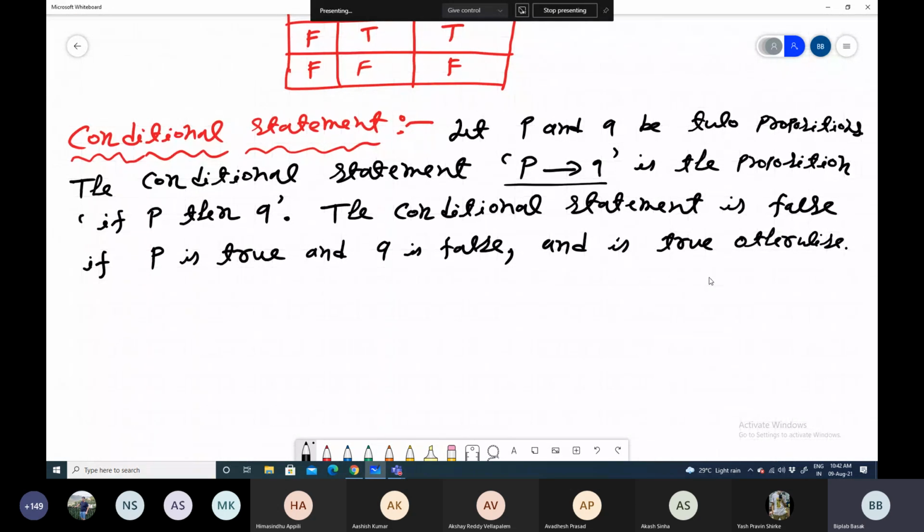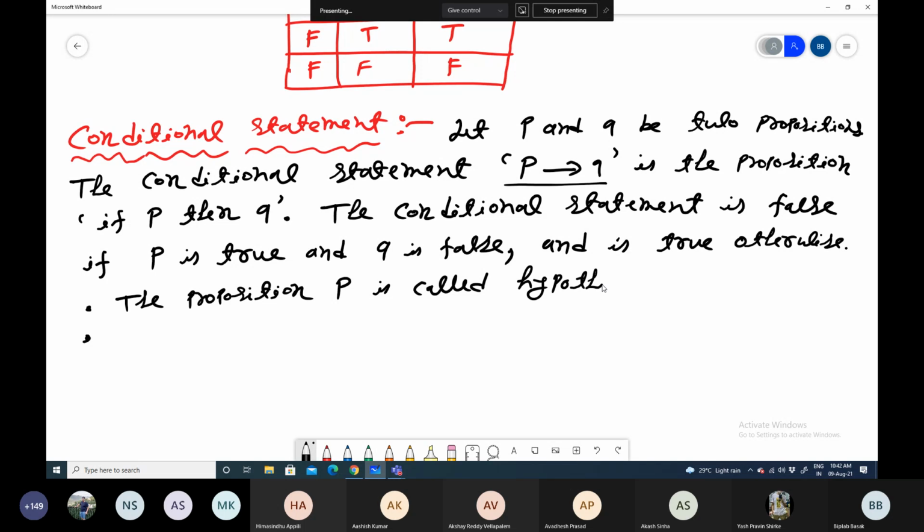Okay, so there are some names for this P and Q. Here the proposition P is called the hypothesis.